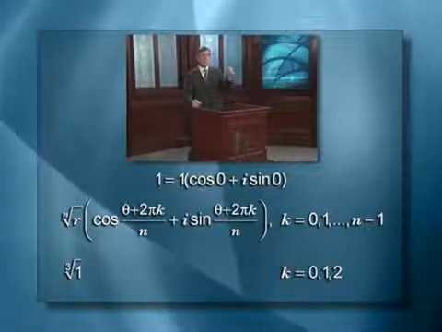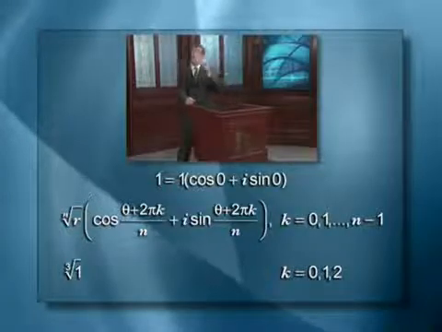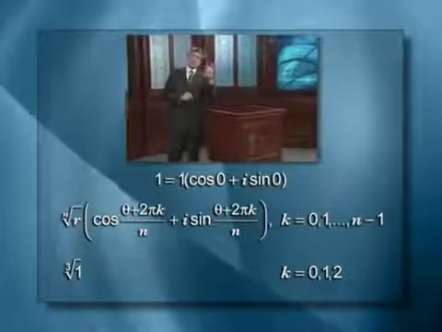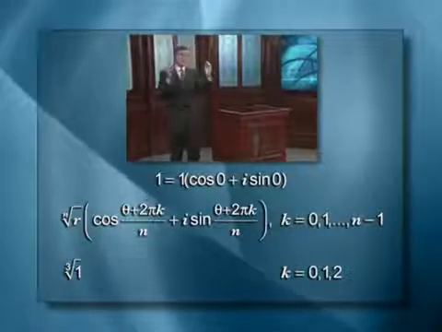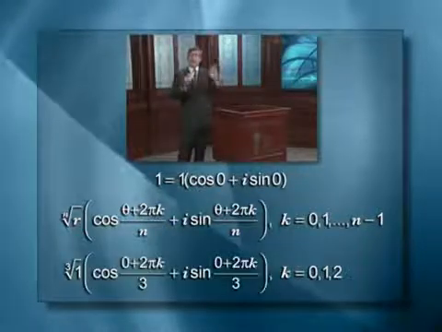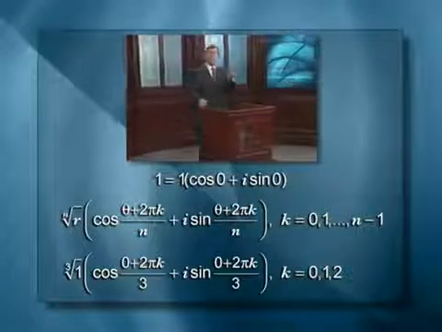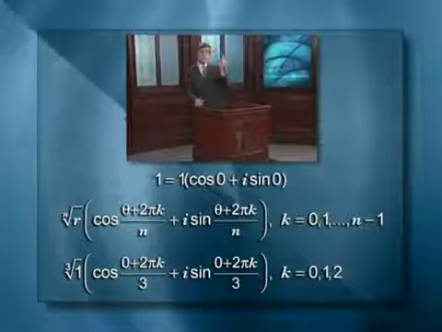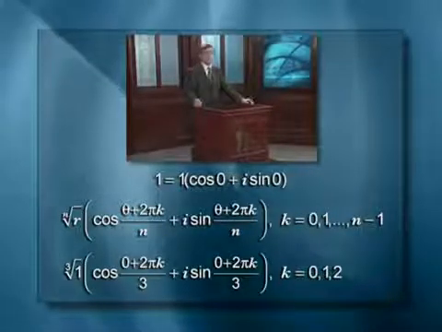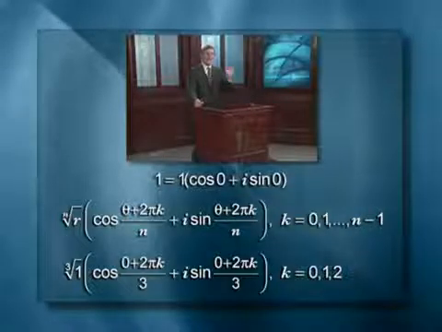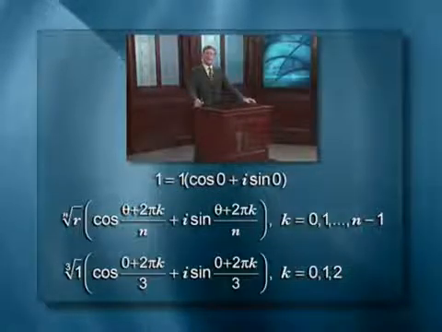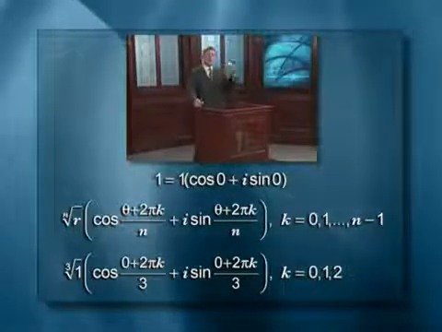And out in front we have the cube root of 1. That's the real cube root of 1, so outside is just going to be 1. And then inside it's cosine of the angle. The angle was 0 plus 2 pi k over 3, plus i sine of 0 plus 2 pi k over 3. Okay, so k takes on 3 different values, and each time it produces a cube root.